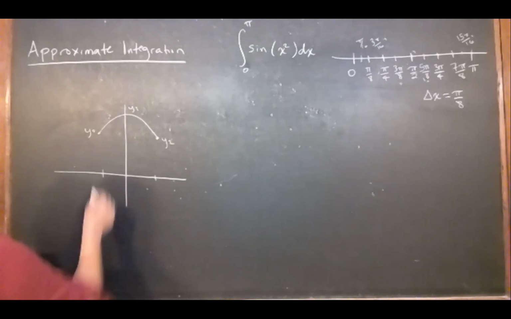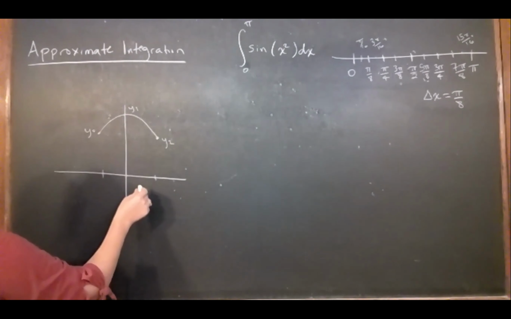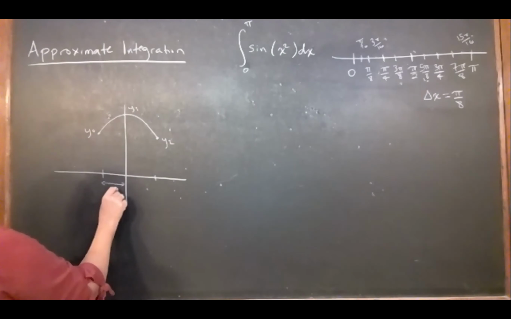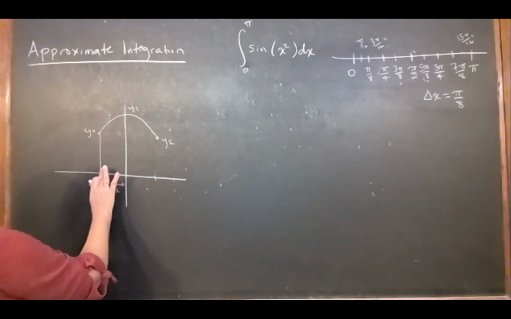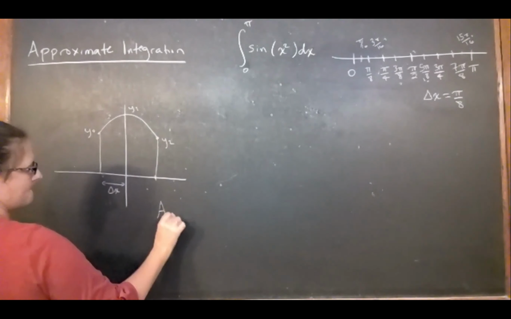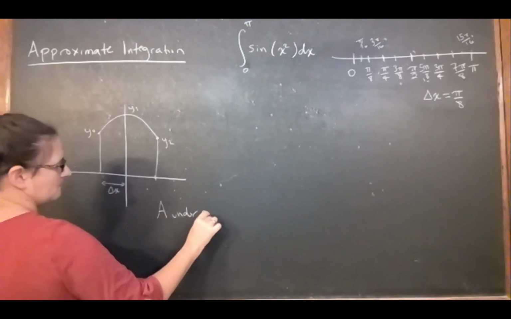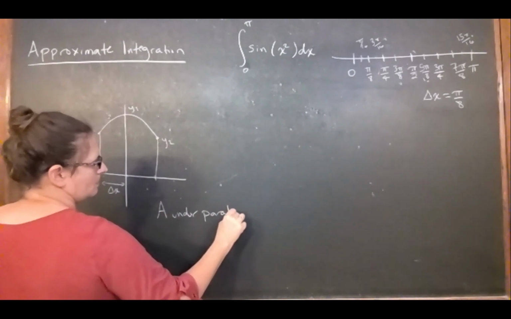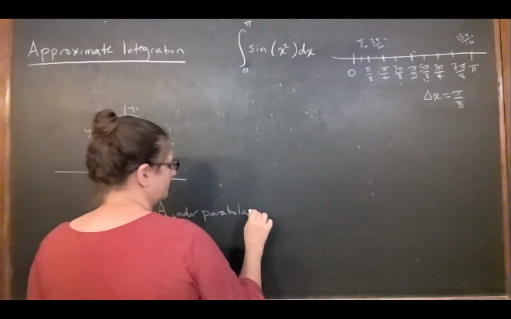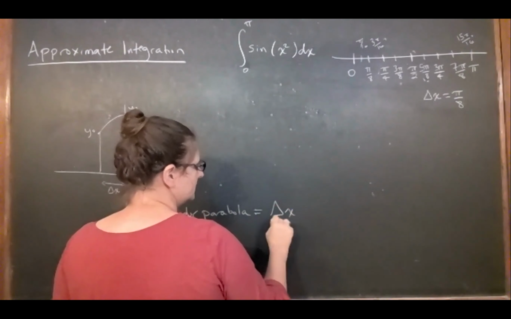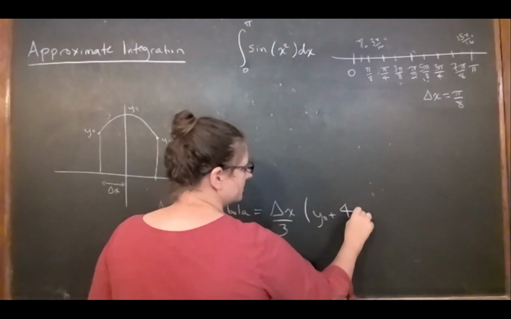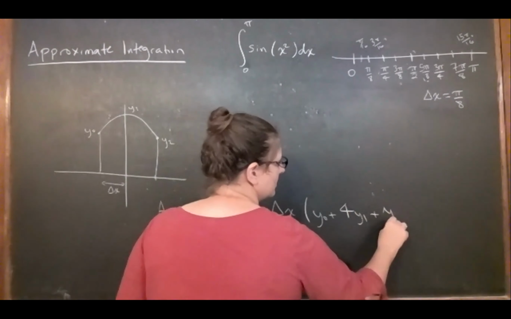This is some kind of parabola here, and this would be delta x. The area under this parabola you can compute, and it is in your book. It's delta x over 3 times (y0 plus 4y1 plus y2).